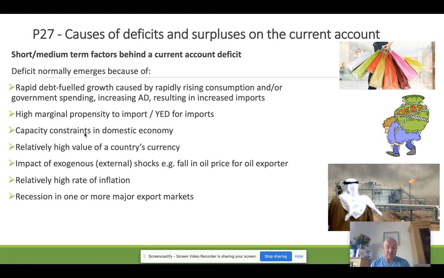But certainly if we have a recession in one or more of our major export markets, if there's less demand in those markets, if we've got significant levels of negative growth over a period of time, then our export markets are going to be less likely to spend money on our goods and services, and as a result, that can in the short to medium term cause an issue as far as the current account deficit is concerned.